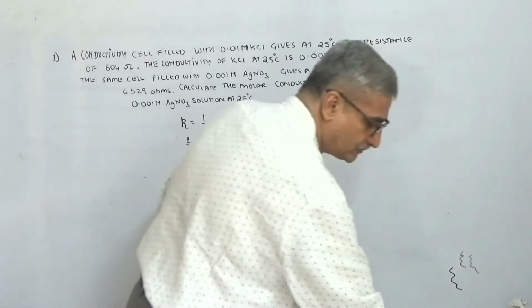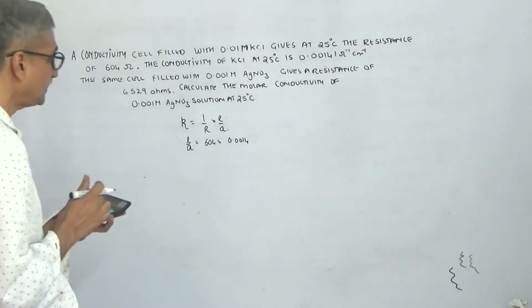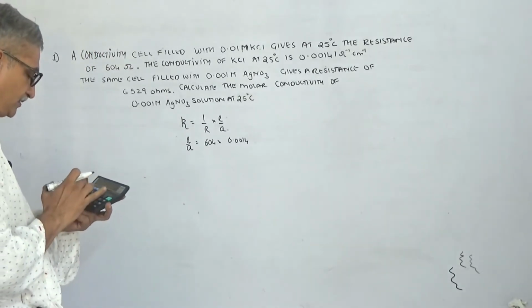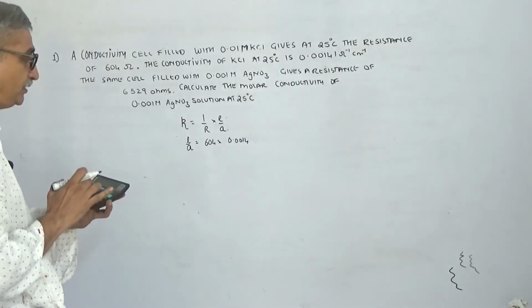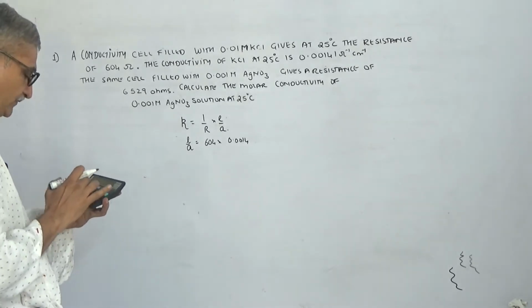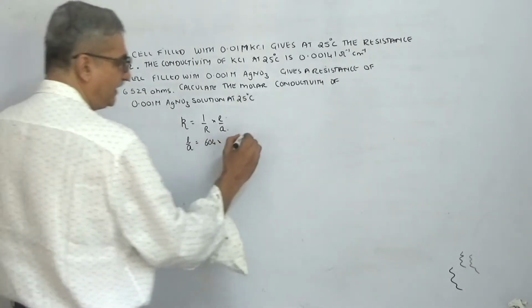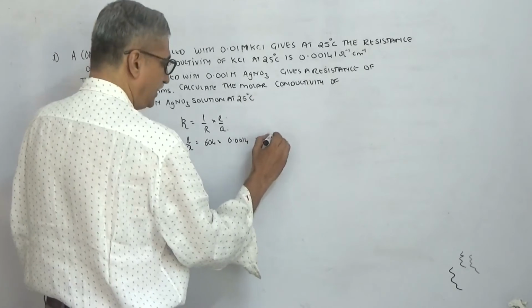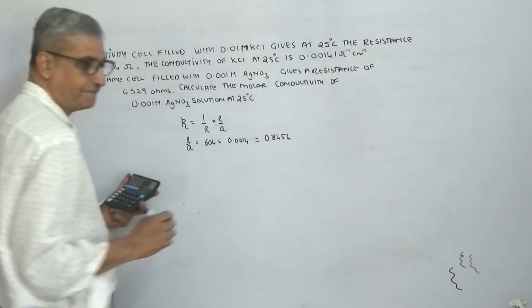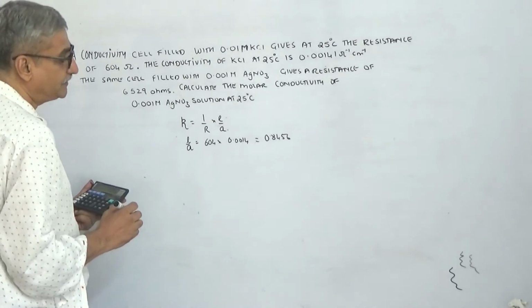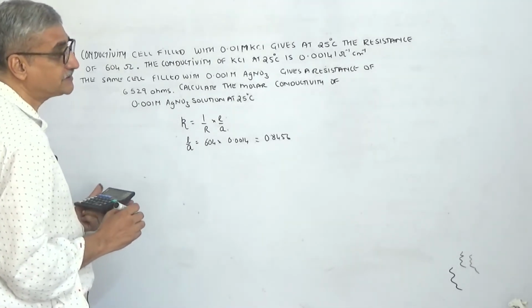So how much does that come to? 604 into 0.0014. So that L by A is equal to 0.8456. Okay. Then what happens?